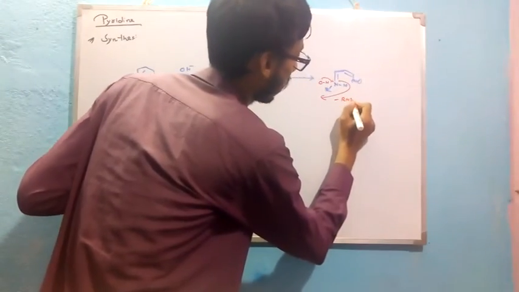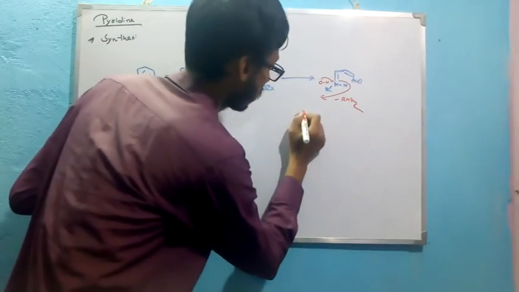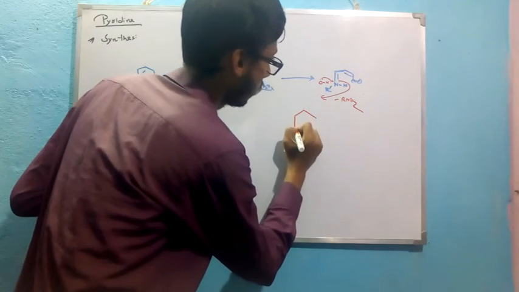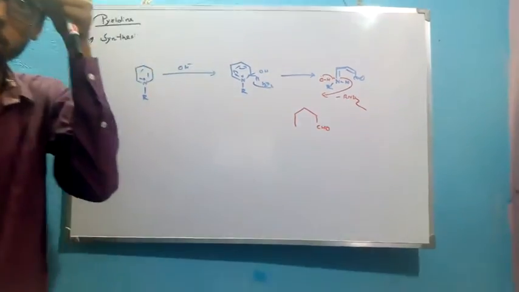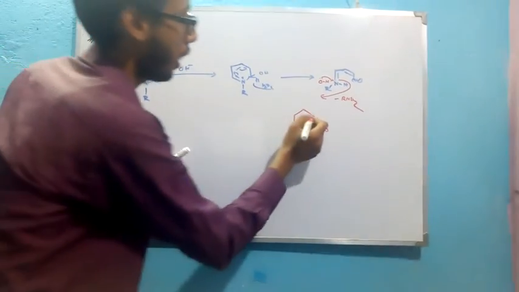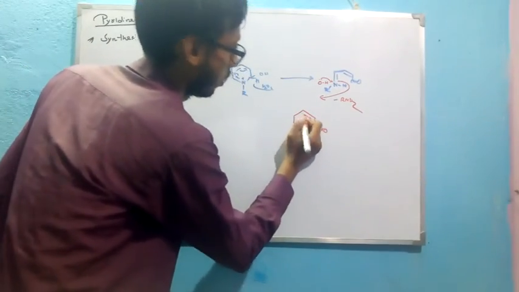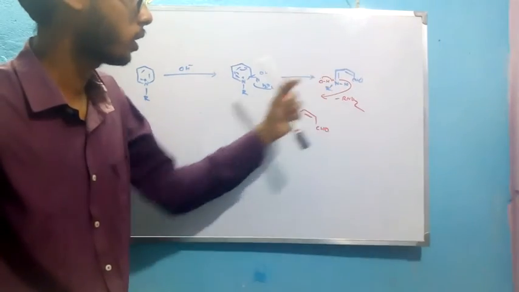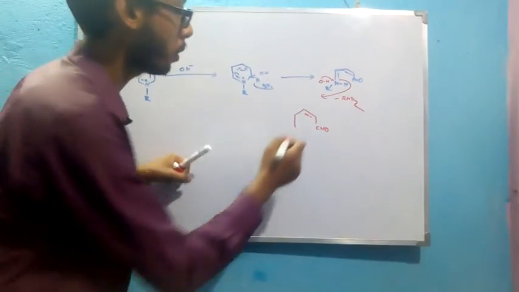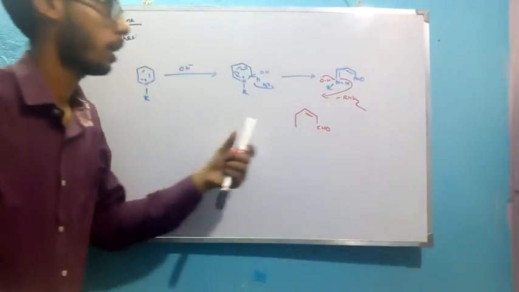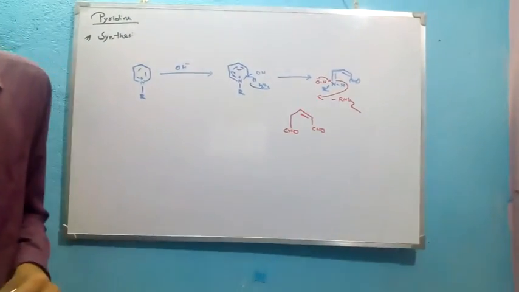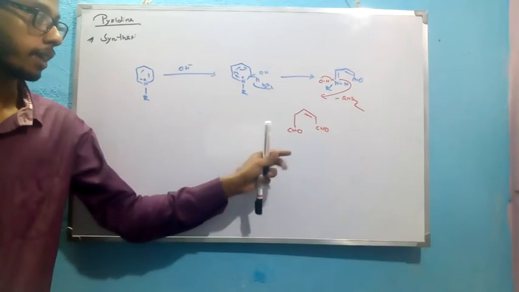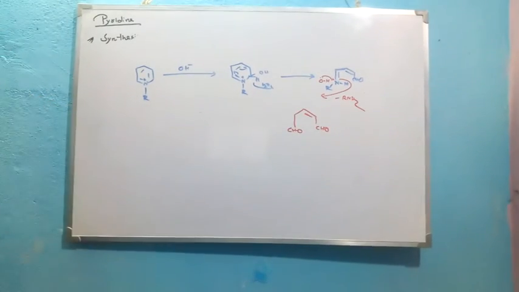So minus RNH2 occurs and produces the compound known as glyoxal. Sorry, that is not glyoxal, it contains a double bond. This one is also CHO, and it is known as glutaconic dialdehyde, a dialdehyde derivative of glutaconic.